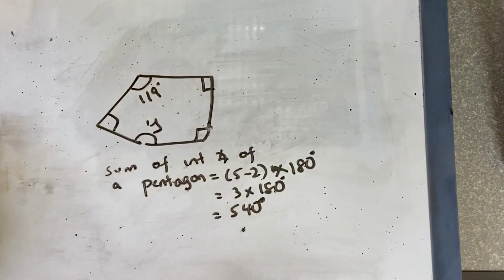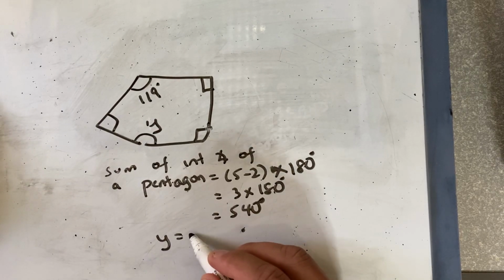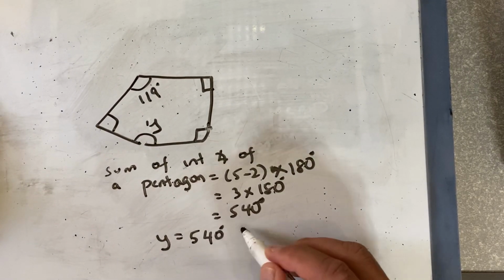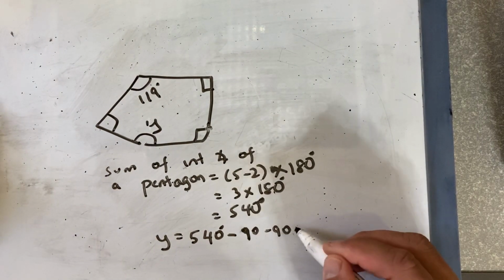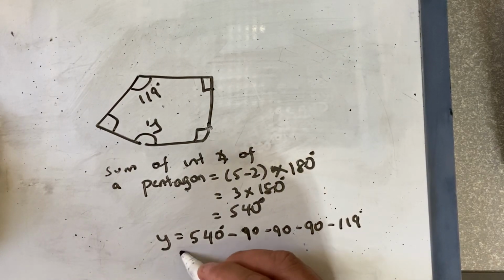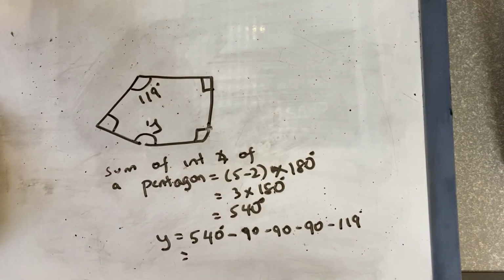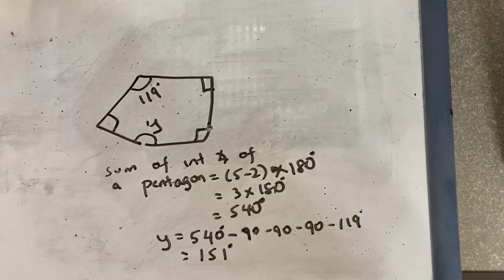So the total will be 540, and now it's simple. To get y, it's 540 degrees, take away 90, take away 90, take away 90, and the last one is 119. If you put it in your calculator, the answer is going to be 151 degrees. That is how you calculate the sum of the interior angles of a pentagon.